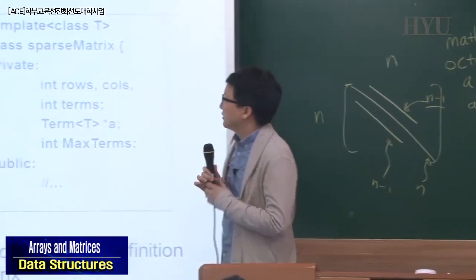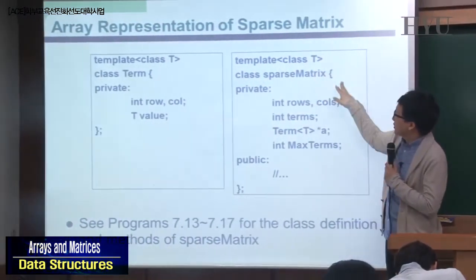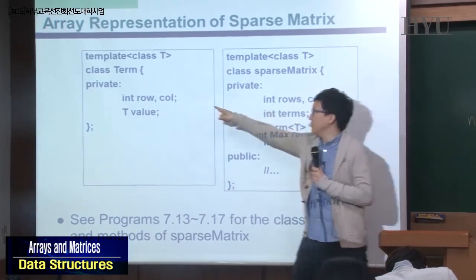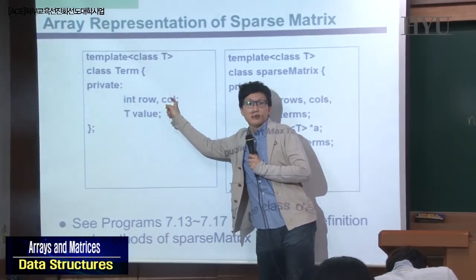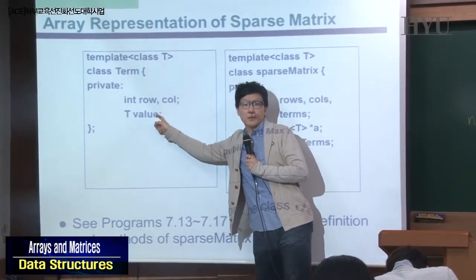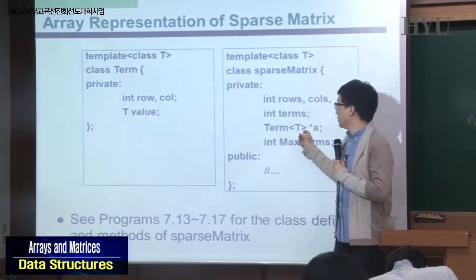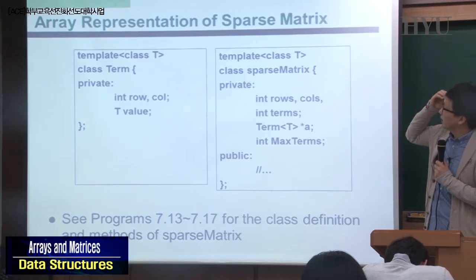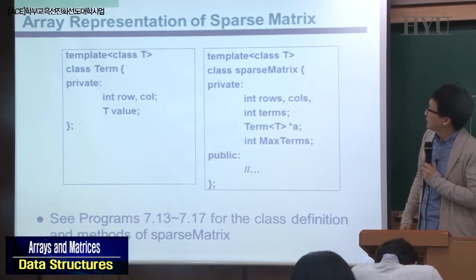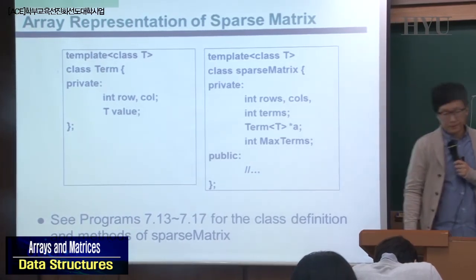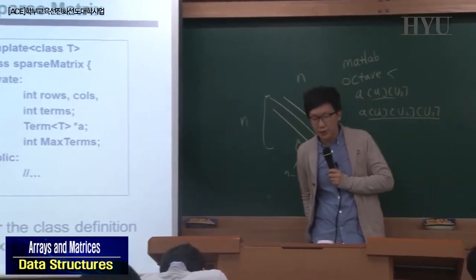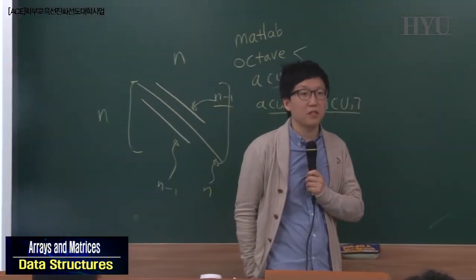Just think of it as this one. It's a sparse matrix. They declare another class having a row, column value as well as the data value itself. They include it as one of them. So they simply do it this way. See program 7.13 to 7.17 for class definitions and methods of sparse matrix.